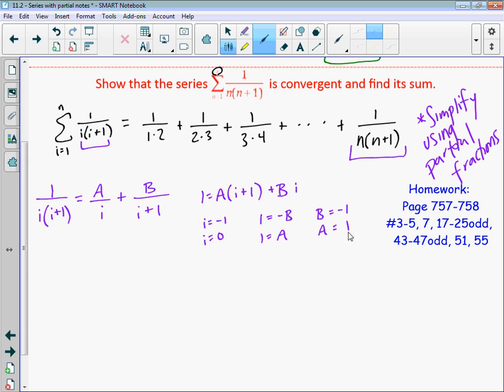So I'm getting my a to be 1 and my b to be negative 1. And then I'm just going to rewrite what I have up here using my partial fractions.